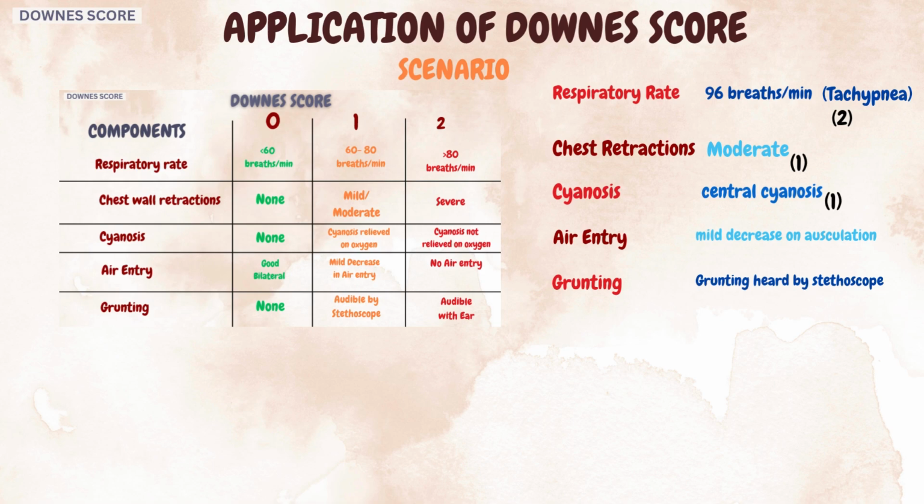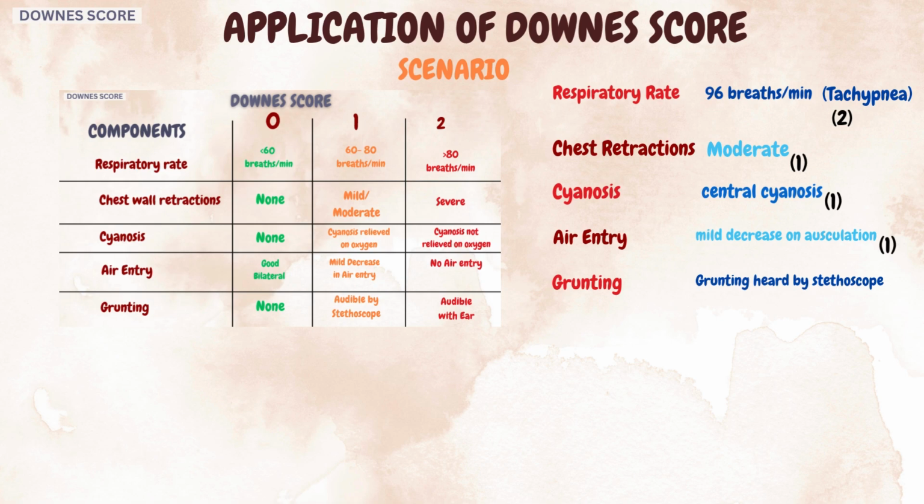Now, what about the air entry? In the scenario, it states that the newborn has a mild decrease in the air entry when auscultated. So, in the table, a score of 1 will be given to the newborn. What about the grunting? In the scenario, grunting is heard by stethoscope.